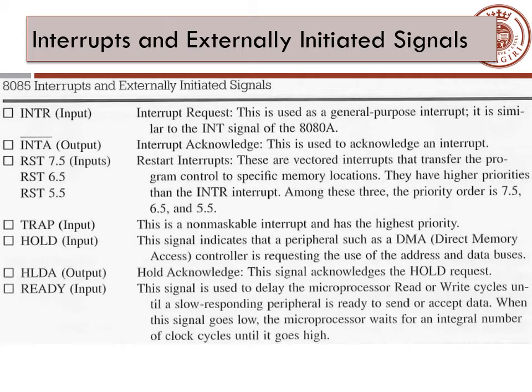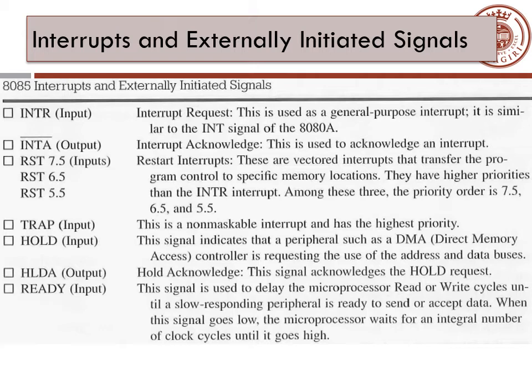So that pin INTR is used as the interrupt request pin. You have other interrupts, we'll see. INTA bar is an output signal which is an interrupt acknowledgement. So the microprocessor is acknowledging the corresponding device, saying that yes, I have received an interrupt. That particular pin is an output pin, and it is used by the microprocessor to acknowledge the interrupt.